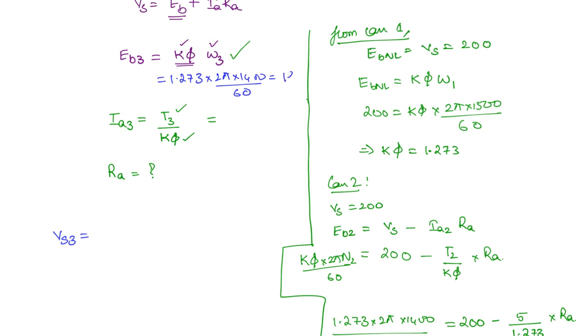So it is going to be 186.63 volt. And Ia3 is going to be 2.5 divided by 1.273, which will be 1.96 amperes. So Vs3 you can write as 186.63 plus 1.96 into 3.4. So you're going to get 193.3 volts approximately.